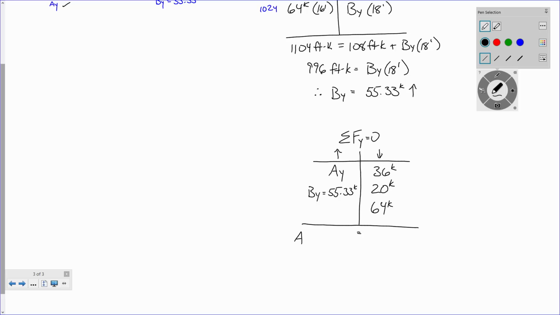On the left it's AY plus 55.33, and on the right, 36 plus 64 is 100, plus 20 is 120 kips. Looking like we made the right choice on our direction. AY is 64.67. A positive sign indicates we assumed the right direction.